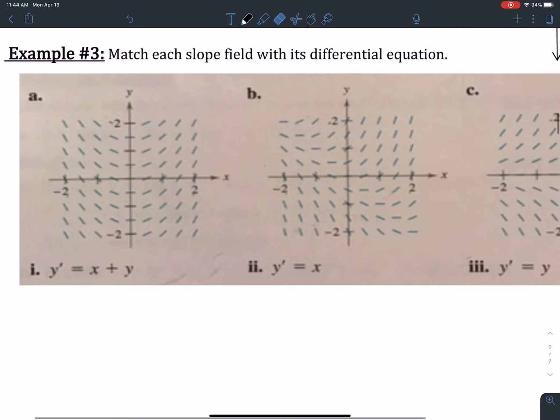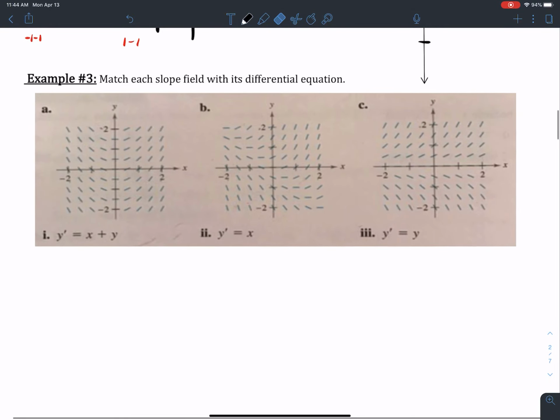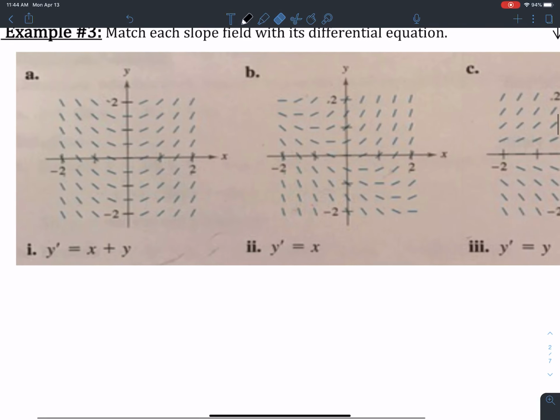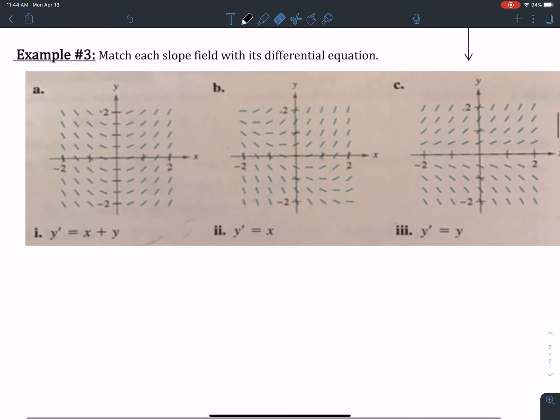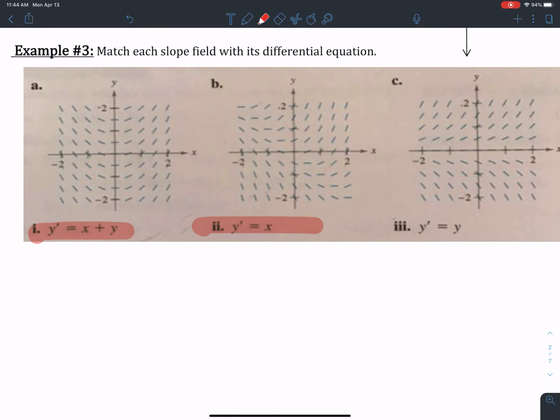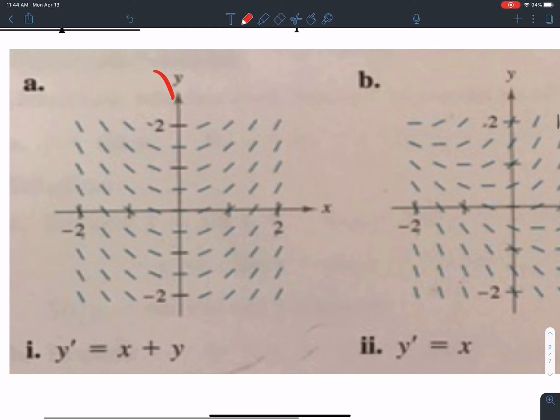So in this example, somebody's already prepared the entire slope field for a large number of points. And what we're tasked to do is to figure out which one of these equations they were graphing. So just kind of going backwards here. Things that you would look for, just jumping right in, are things that are easy. Like if I look at this slope field right here, the slope on the y-axis is always 0.